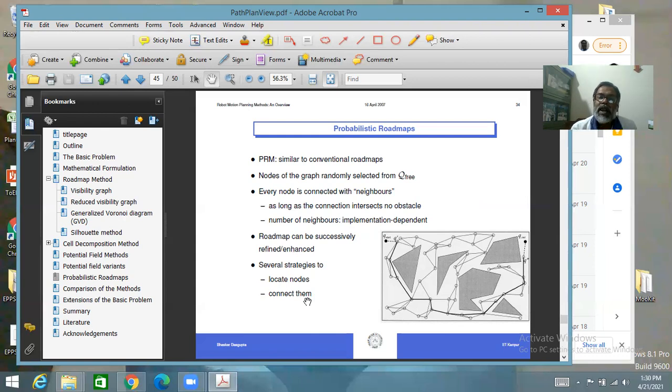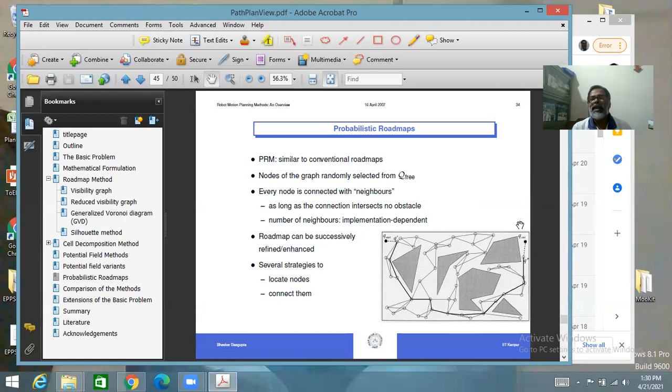Okay. And once the roadmap is built, the rest is the same old graph search. And from the Q start, you connect a nearby point to the roadmap and then go along the roadmap. And then finally the Q goal you connect like this. Okay. So basically the Q start and Q goal, you connect to the roadmap, which forms the first and the third segment of the path. And the in between major part, you work out by graph search.